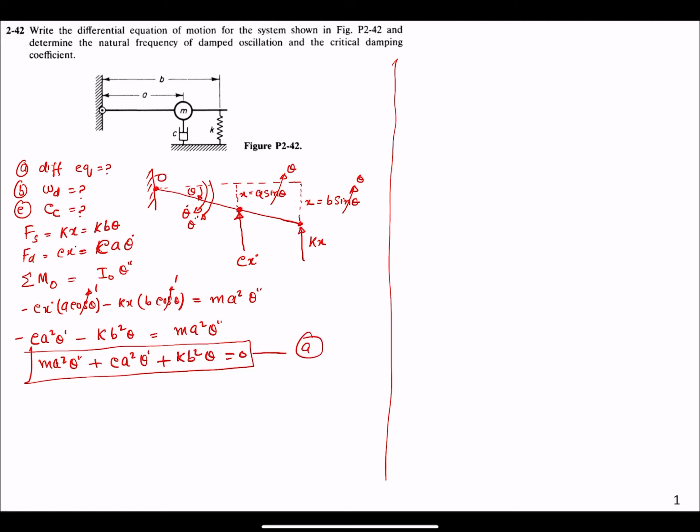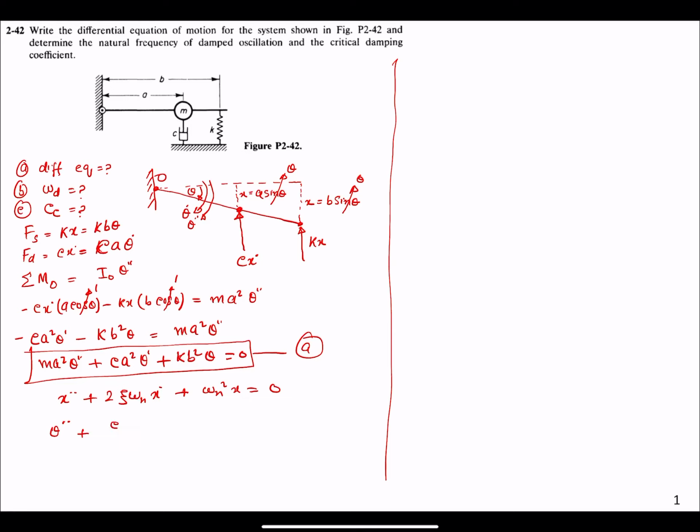Now if you compare this with the standard equation, theta or x double dot plus 2 zeta omega n x dot plus omega n square x equals 0, we can simplify equation A a little bit.